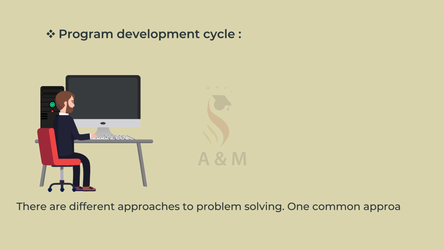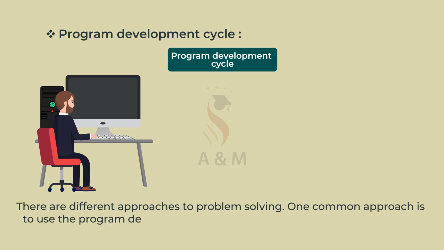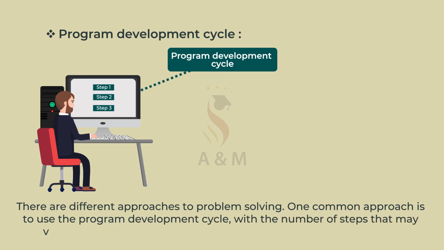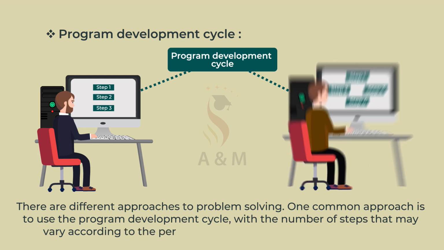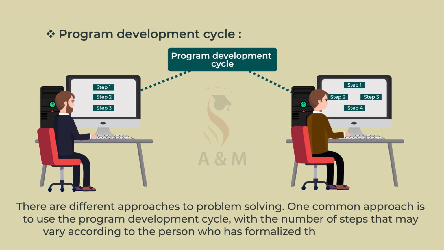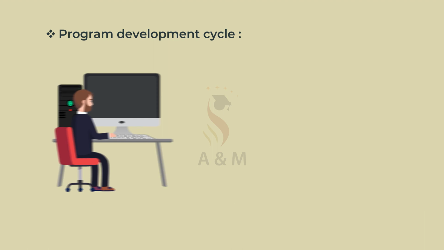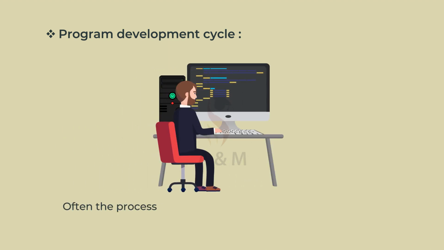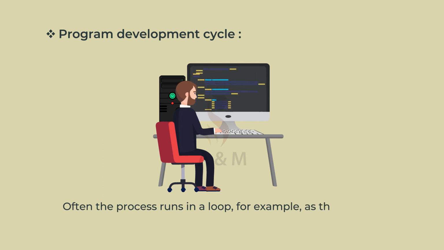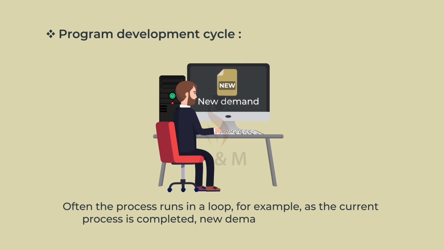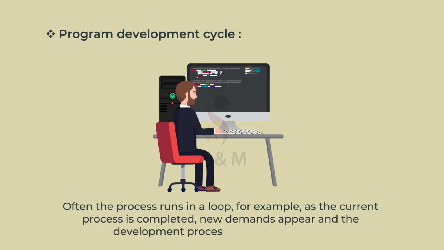One common approach is to use the program development cycle, with the number of steps that may vary according to the person who has formalized the development. Often, the process runs in a loop. For example, as the current process is completed, new demands appear and the development process commences again.